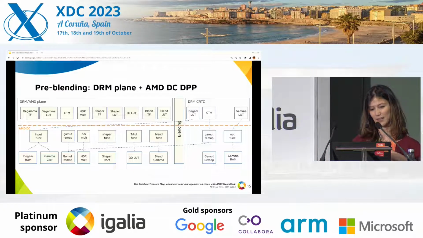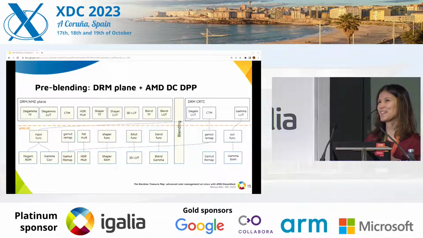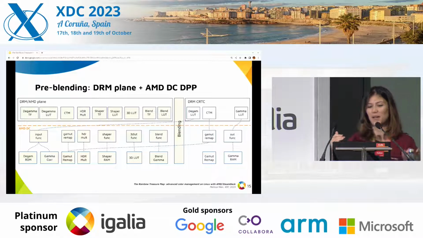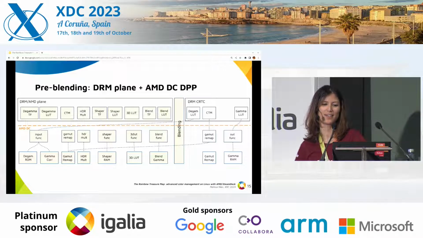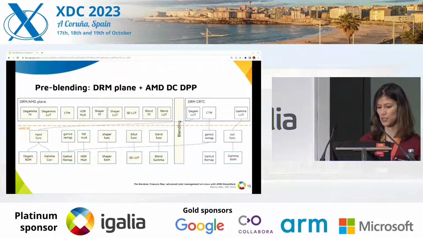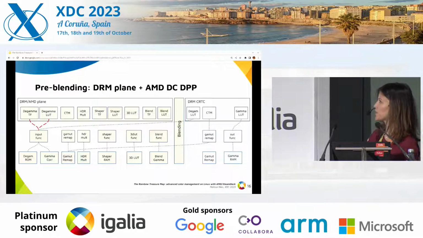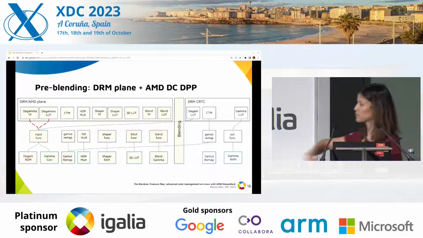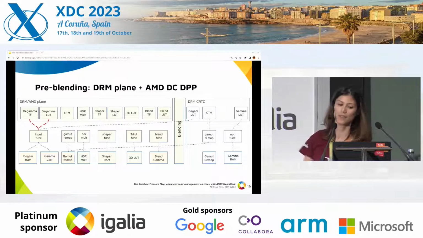I can say that it was not like that, because we built this pipeline and discovered our needs throughout each iteration. But okay, the first property was the plane degamma.